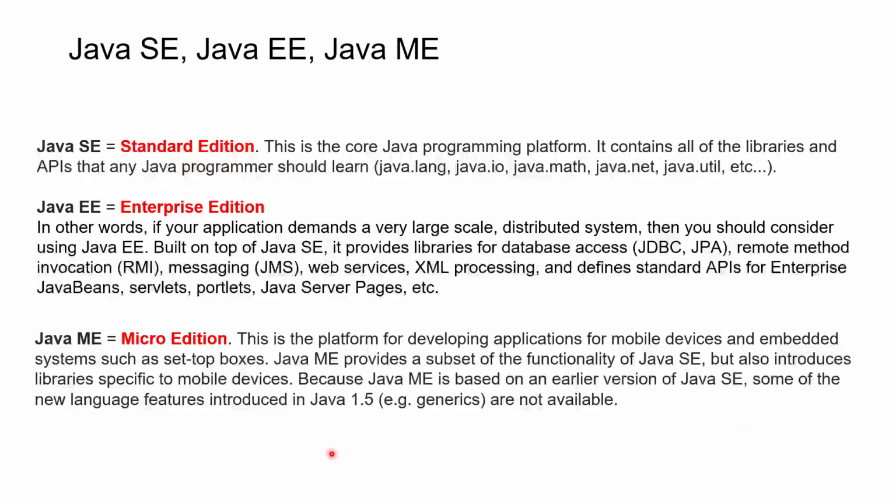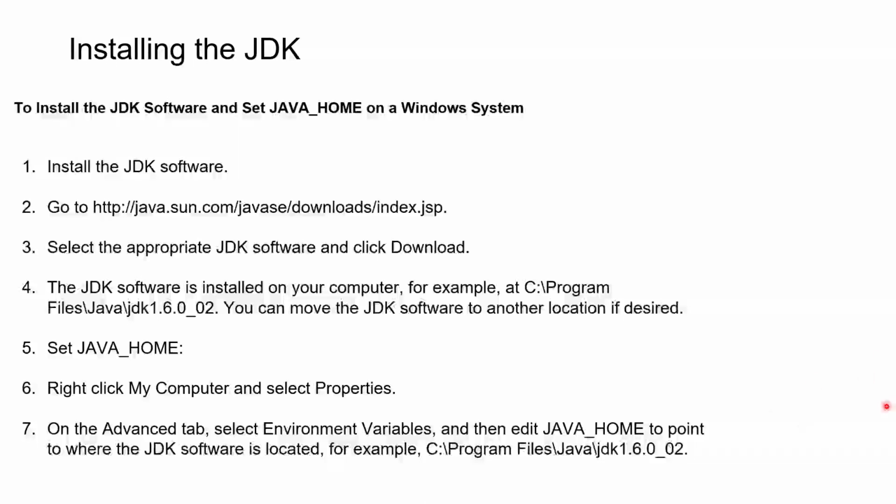Because Java ME is based on an earlier version of Java, some new language features introduced into Java 1.5 may not be available. So just be aware that it may not be as flexible or have all of the features and functionality as Java Standard Edition. Let's go over installing the Java Development Kit.